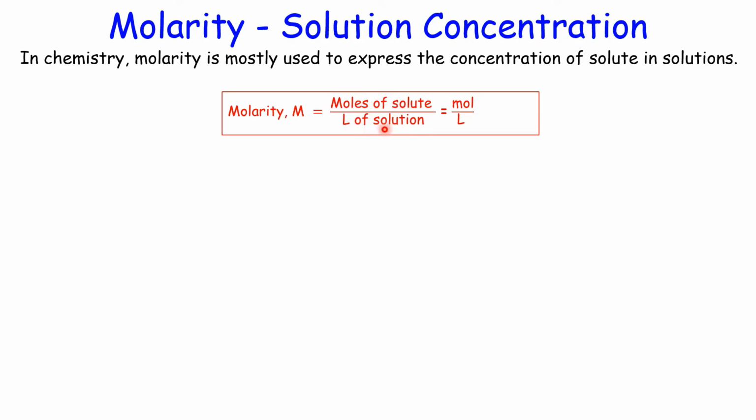Solution means both solute and solvent. Or we can say mole over L or mole over V, V for volume. So that's molarity. Whenever you see this capitalized M, that really means moles of solute per liter of solution.